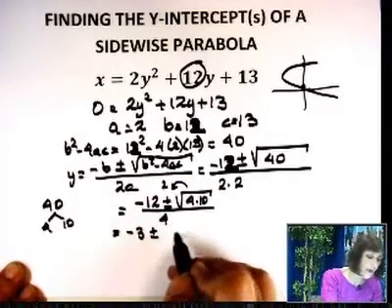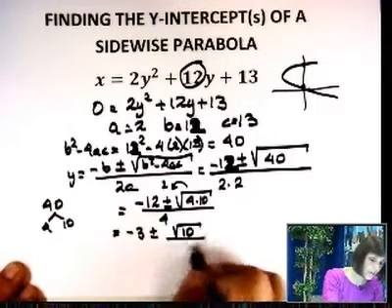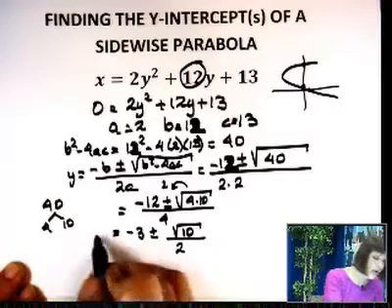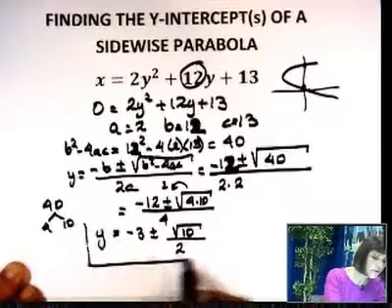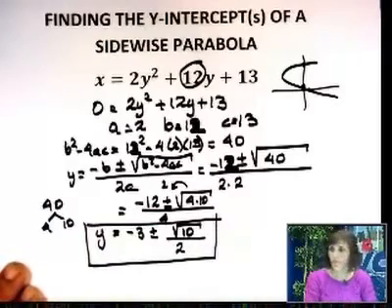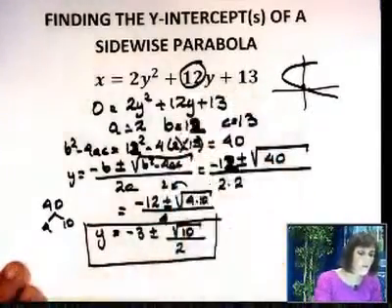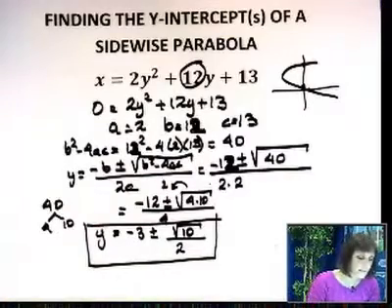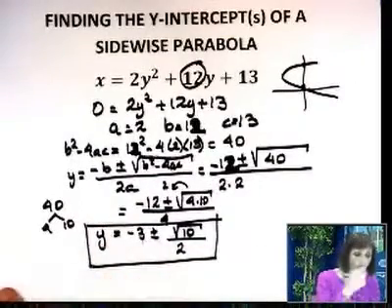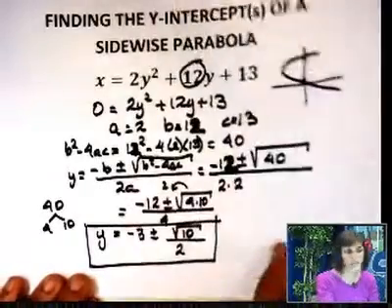So you're going to have radical 10 divided by 2. So you have 2 answers. You can find them with your calculator. Make sure that you correct this 12 in there because I have 12. I just put 13 by accident. So you have 2 y-intercepts and you got them using the quadratic formula.